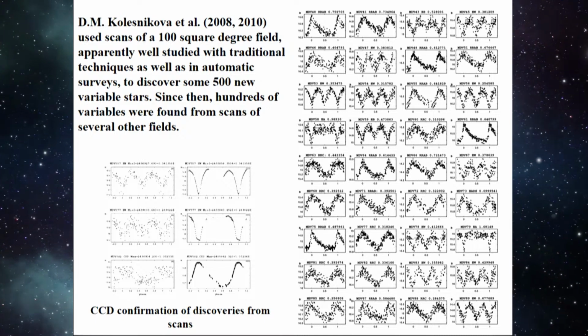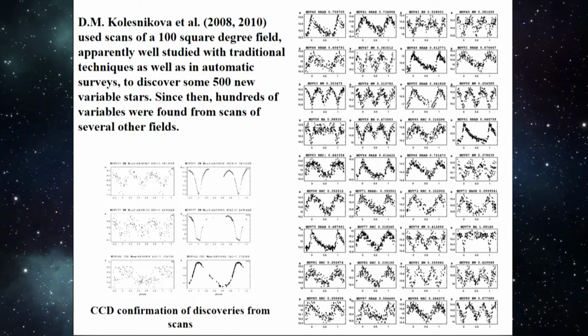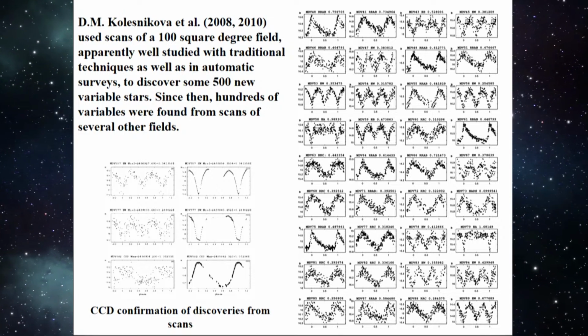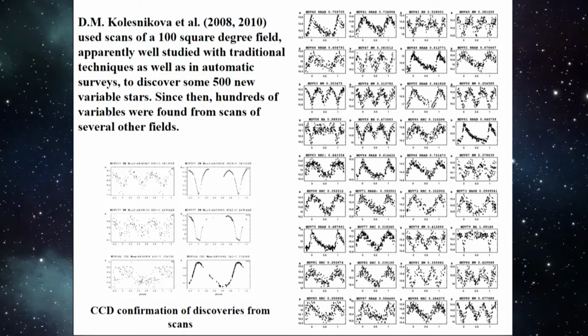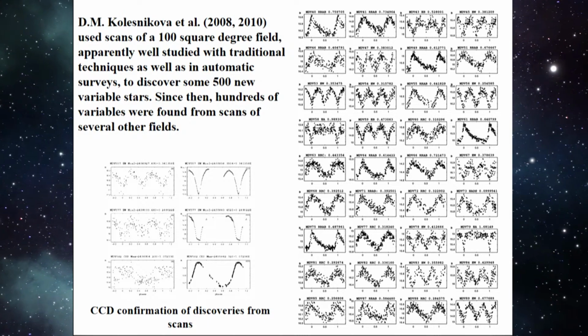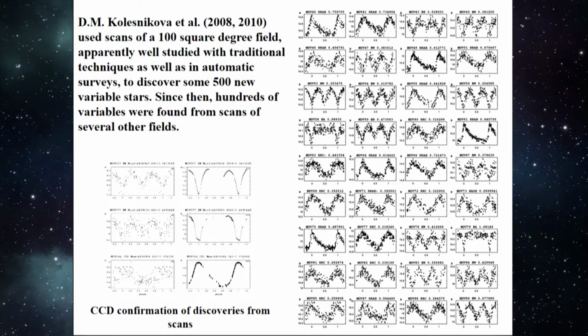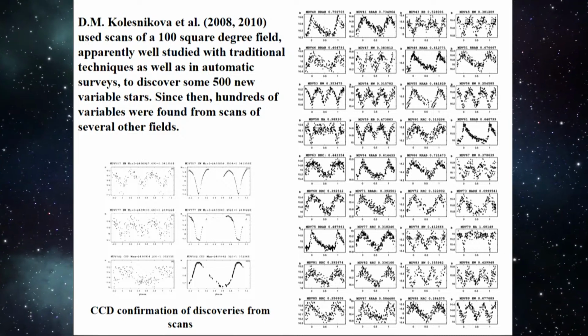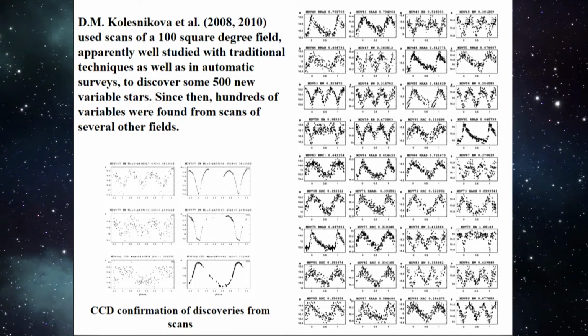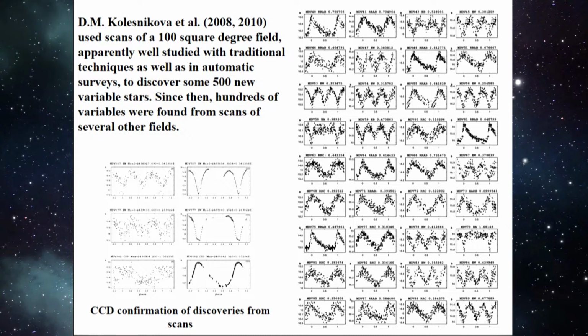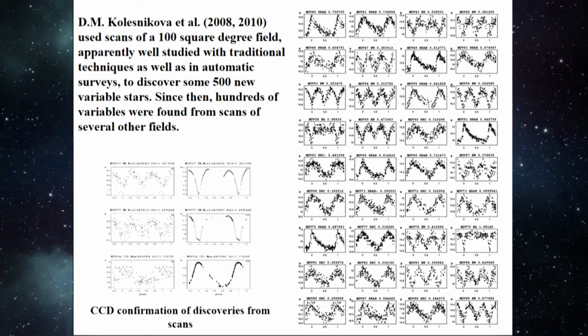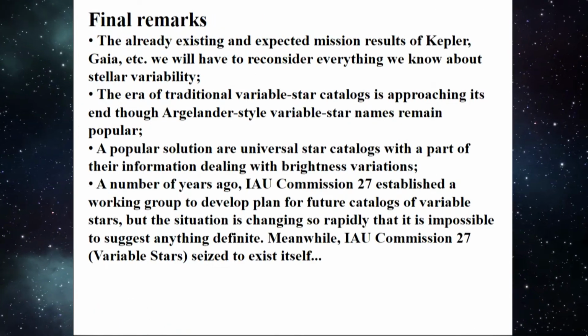Now we discover 10. So this work becomes less and less profitable. But we published quite a number of good variable stars from this work. And then if a star is interesting or couldn't be solved completely, we arranged CCD observations.